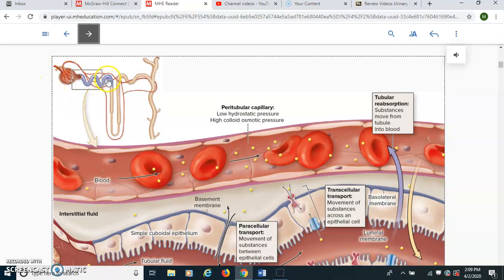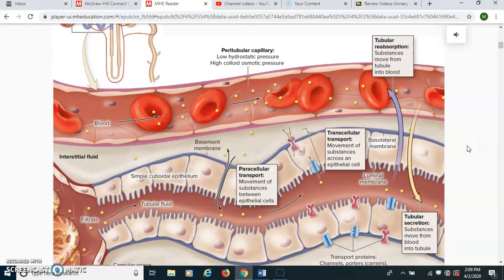Proximal convoluted tubule, loop of Henle, distal convoluted tubule, collecting tubule, and then collecting duct. So when we looked at the picture before, we just went over the basic definitions of tubular reabsorption and tubular secretion. We just saw the little peritubular capillaries running right next to the tubules.